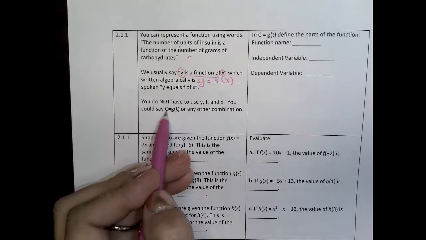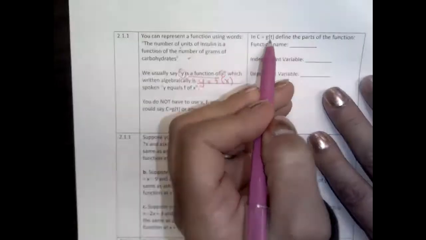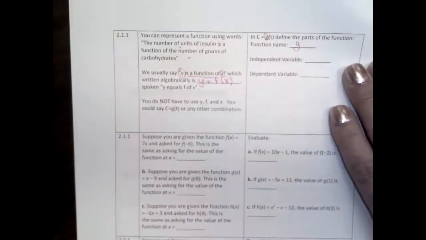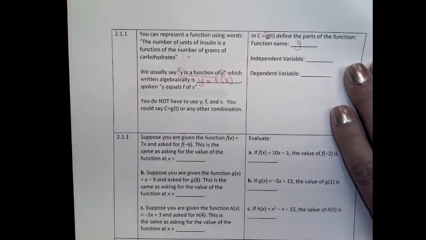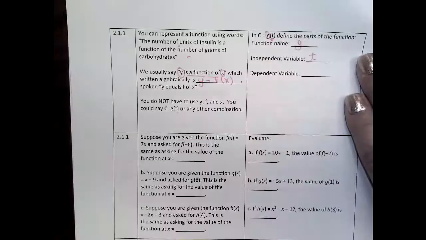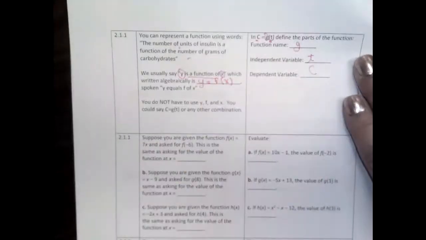You just have to know where each of these parts is. In c equals g(t), the function name is always what's with the independent variable. The independent variable is always what's in parentheses, which is also what the variable in the equation is going to be. And the dependent variable is going to be on the other side of the equal sign.